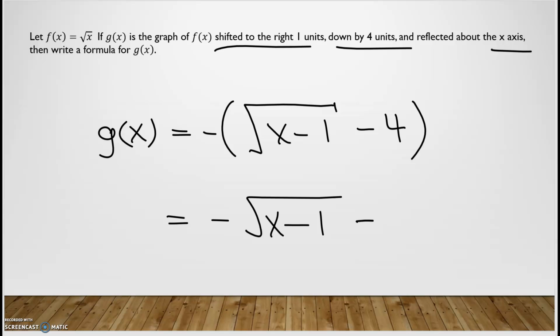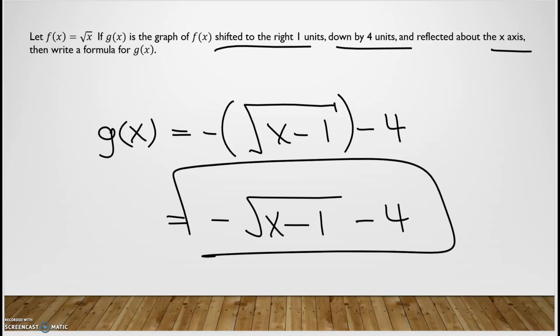That should be minus 4. That parenthesis is a little far; it should be right there, just in front of that function. So now we've got it reflected about the x-axis, shifted to the right, and down by 4 units. So this would be our final answer.